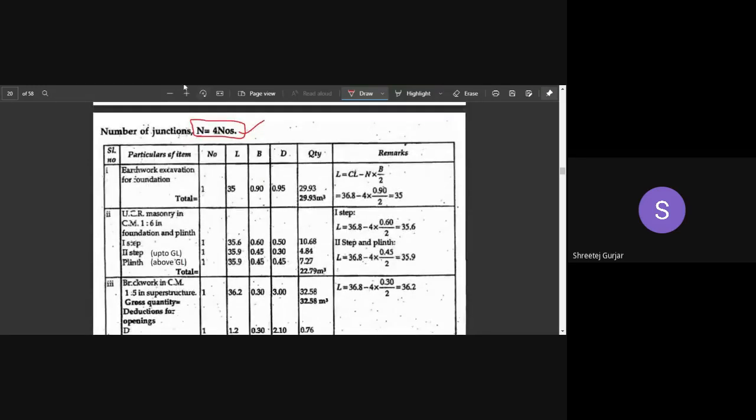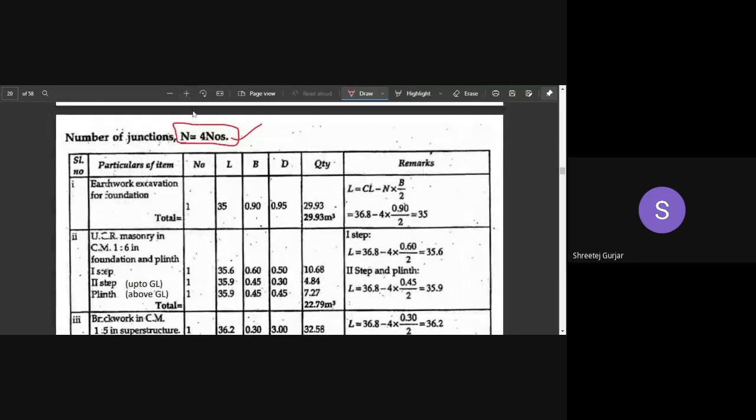Moving on to the calculation of items of work. The first item of work is always earthwork in excavation in foundation. The center line will be 1 in number, and for the length calculation we have to use this formula I have told you: L is equal to center line length minus number of junctions into width by 2.